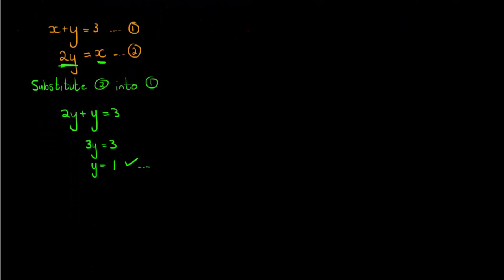I can rename this equation 3, and again substitute 3 into either one of the two. If I substitute equation 3, in other words y equal to 1, in here, then I get x plus 1 is equal to 3.